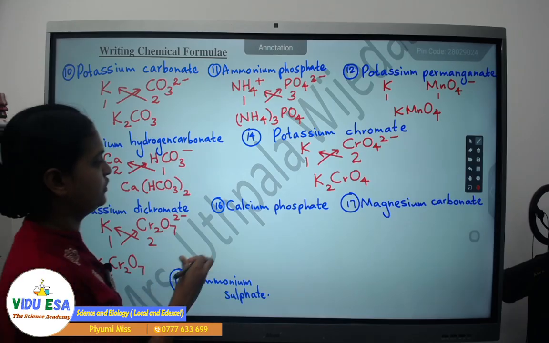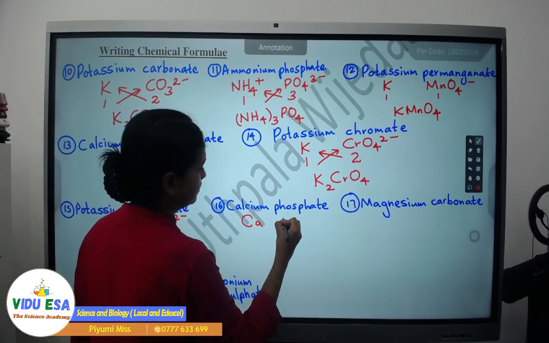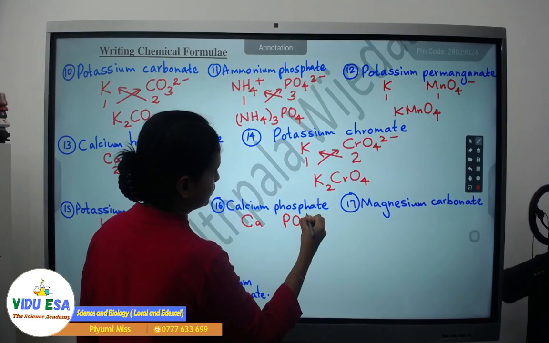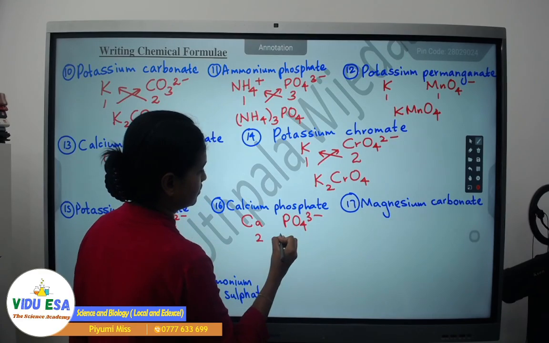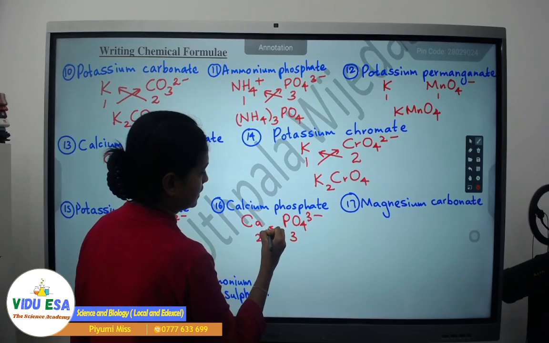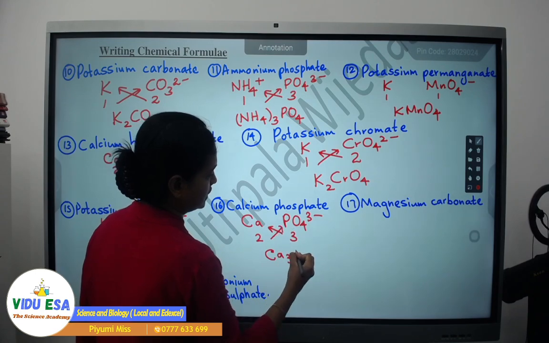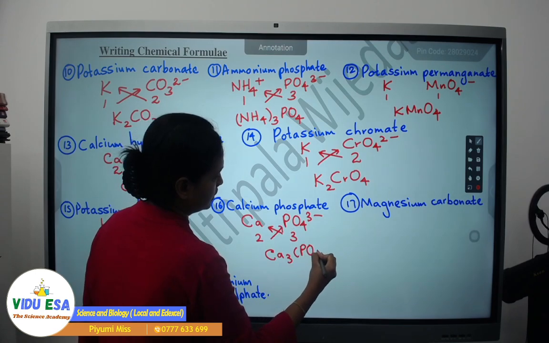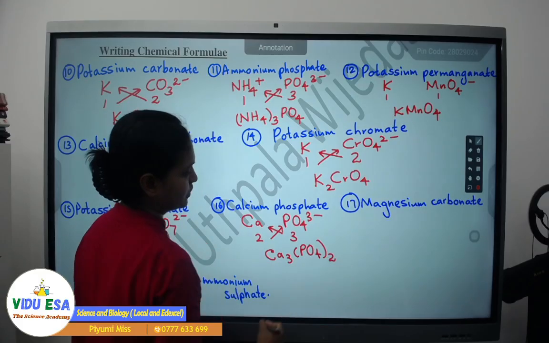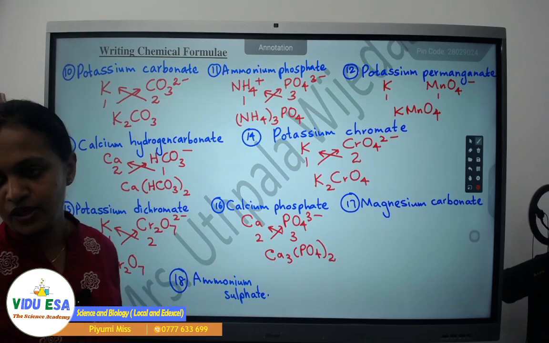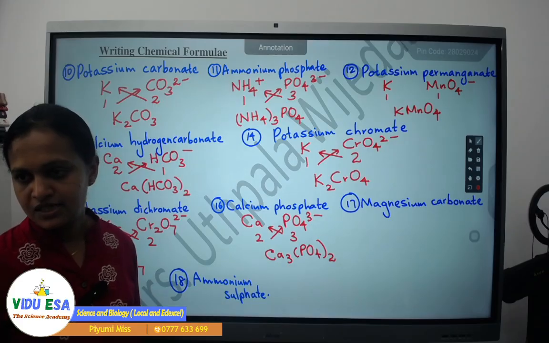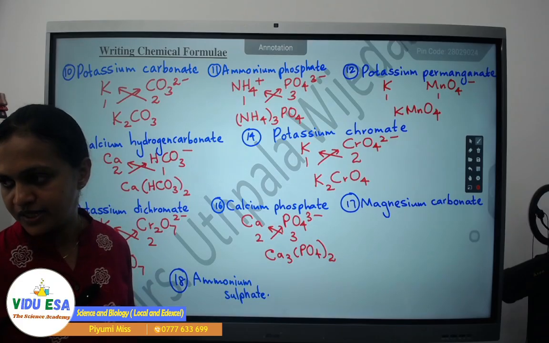Then calcium phosphate. Calcium and phosphate, PO4 3 minus. Calcium 2, phosphate 3. Therefore, it becomes Ca3, then within brackets PO4. Outside the bracket, you have to put 2. Ca3(PO4) twice.